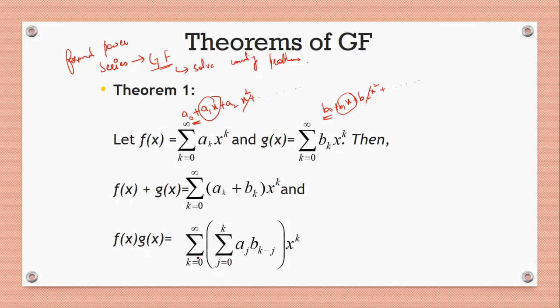So k equal to 0 to infinity, j equal to 0 to k, of aj b(k minus j) x power k. You study in mathematics how to multiply infinite series. Now based on this, we have a few problems. Let's see the problems.